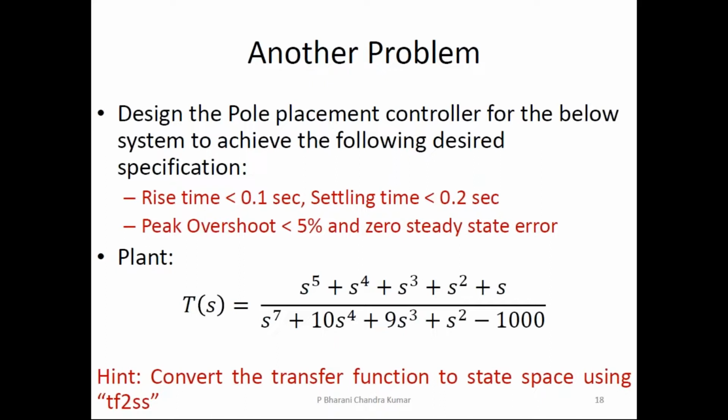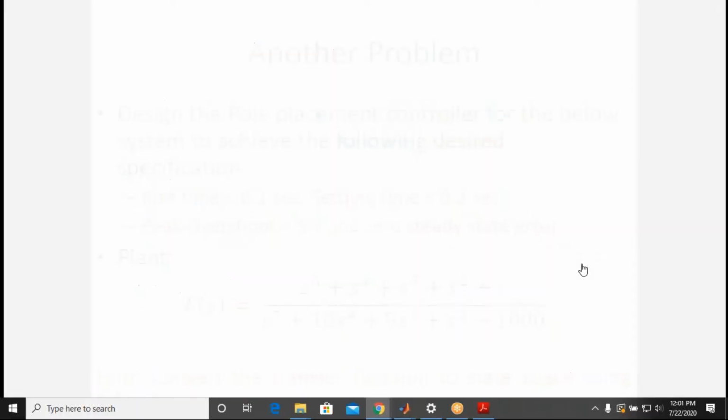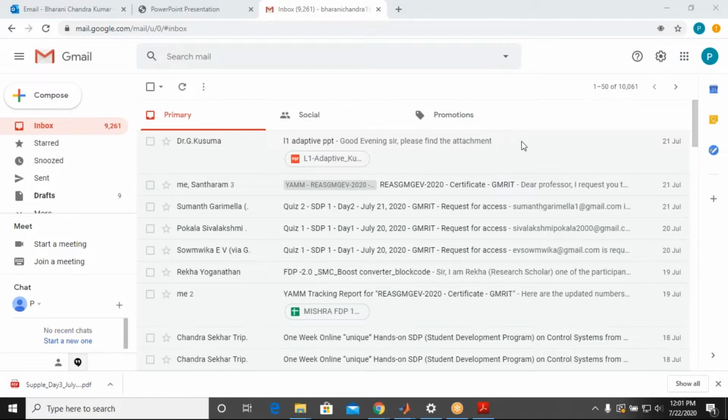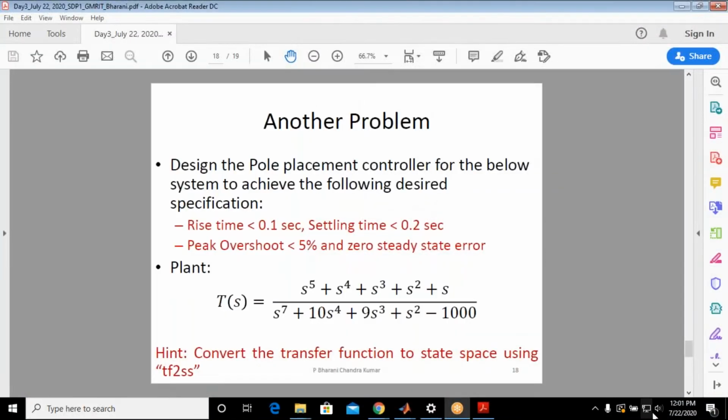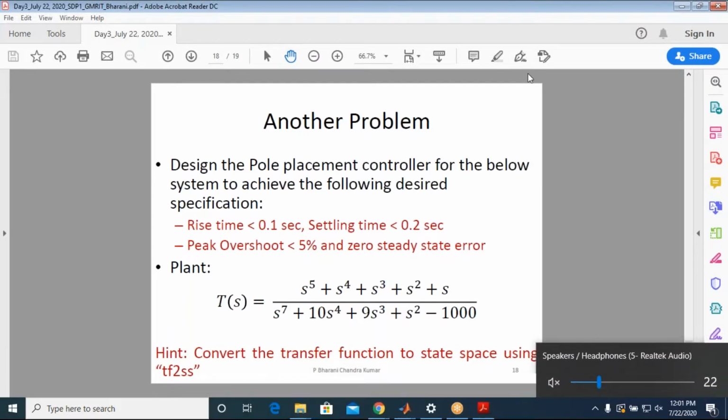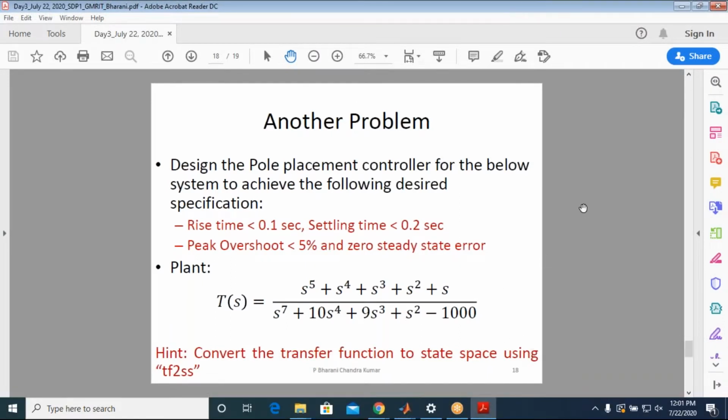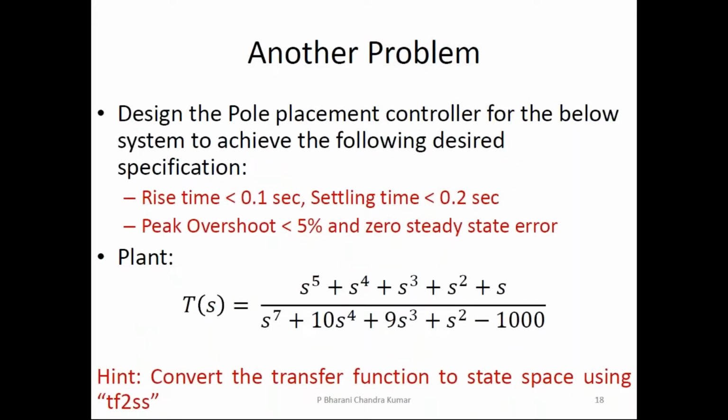Okay, so welcome back to this session. What we will be discussing now is, I hope all of you have done that work. Now I will be discussing another problem, which you can take as an assignment.